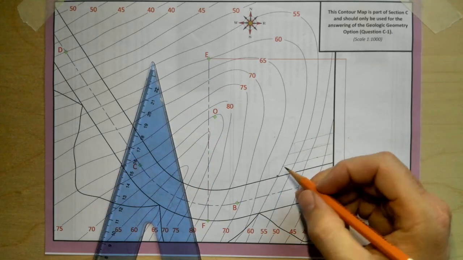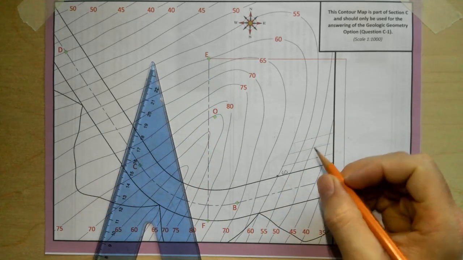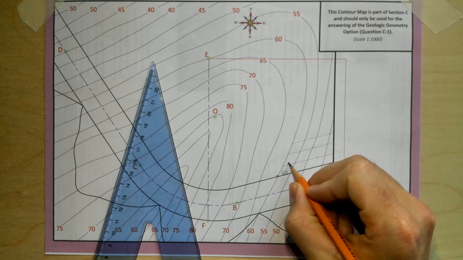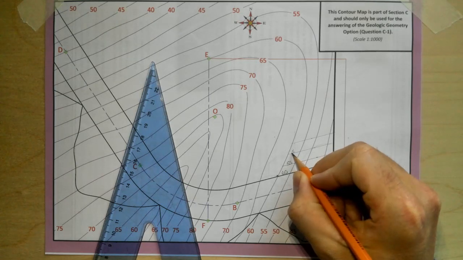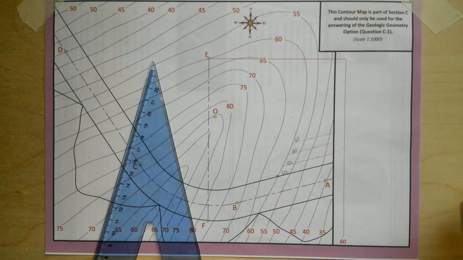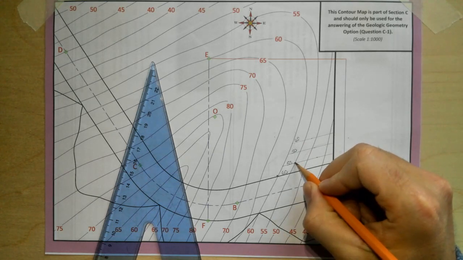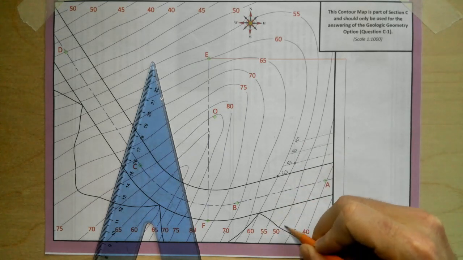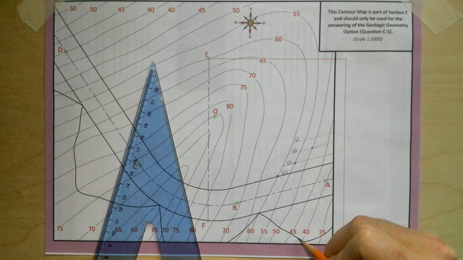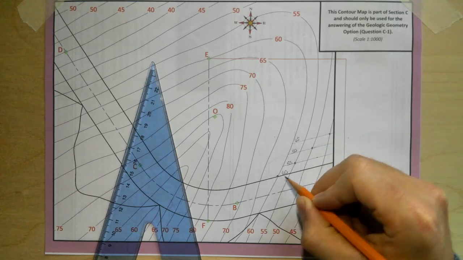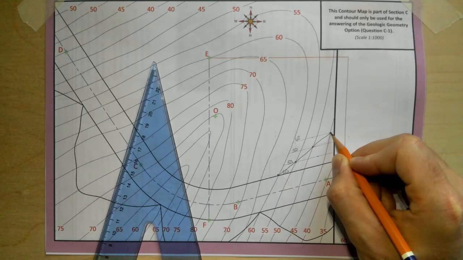Side of the road must be 60 because it's level at 60, and then if it's fill or embankment, we're going to be going downhill. So 55, 50 and 45. 60's there, that's the 55 line there, 50 and 45. Okay, so that's our first line there found.